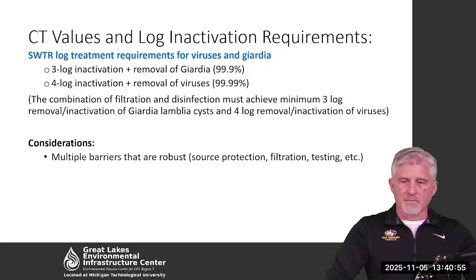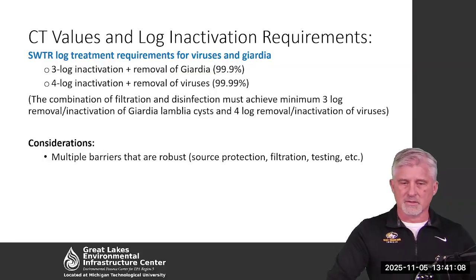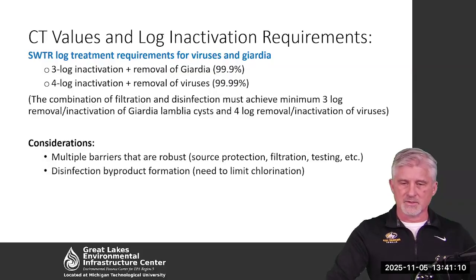So what are some of the considerations we have to have? We have to make sure that we've got multiple barriers. We've talked about this before. Having multiple barriers is good. Start with source protection, filtration, testing. These are all different barriers. We can't just add as much chlorine. We can't add a ton of chlorine necessarily, because we could cause the formation of disinfection byproducts.